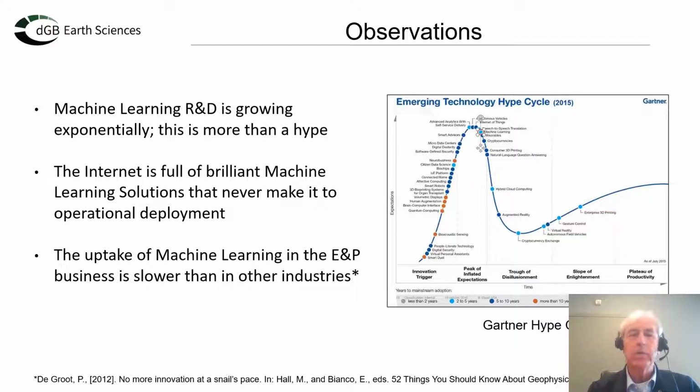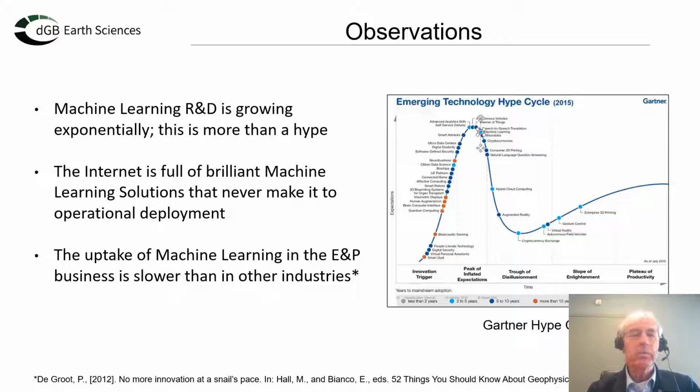New technology is developed at a fast pace, and at some point there starts to be a bit of a deflation because people are learning that the expectations cannot quite be met by this new technology, and then we get through this trough of disillusionment finally into a phase of enlightenment where the actual technology that is still good is being deployed in operational settings.